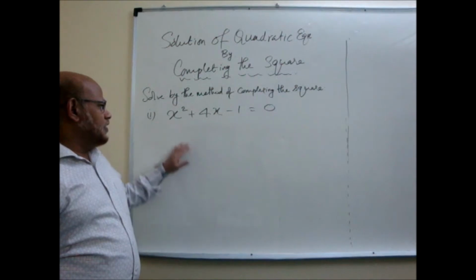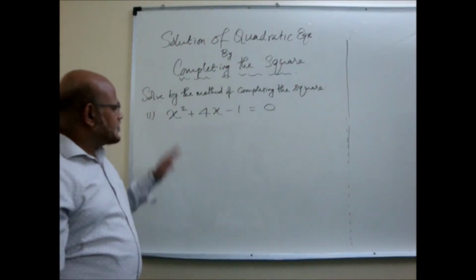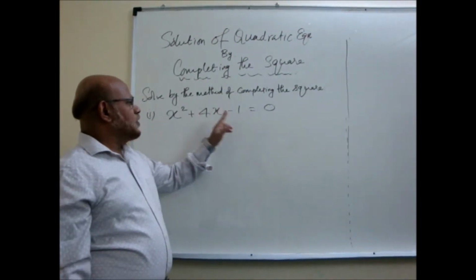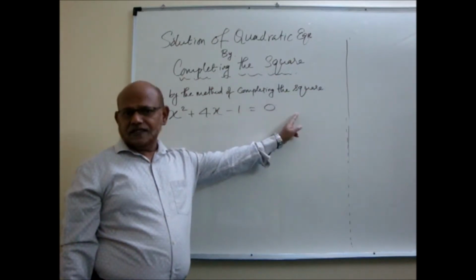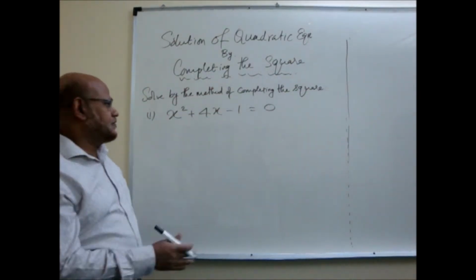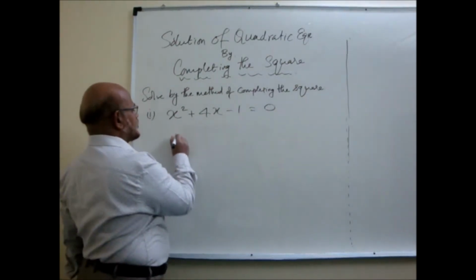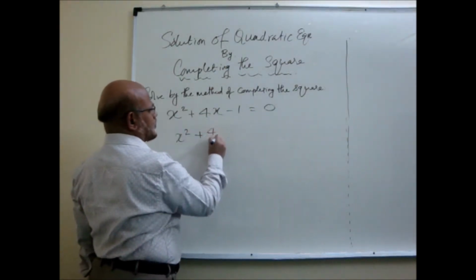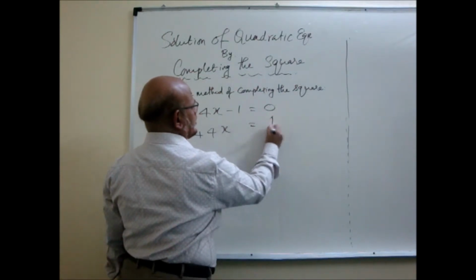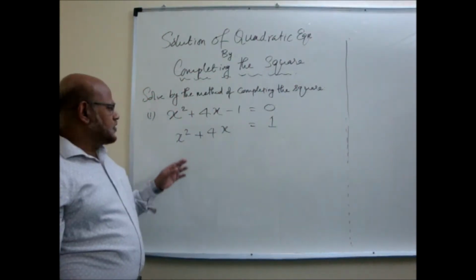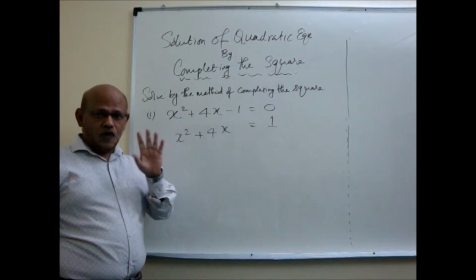First, you transpose the constant term to the other side, the right hand side. Only the x square term and the x term keep at the left. So it becomes x square plus 4x is equal to 1. Then you make sure the x square coefficient is 1.